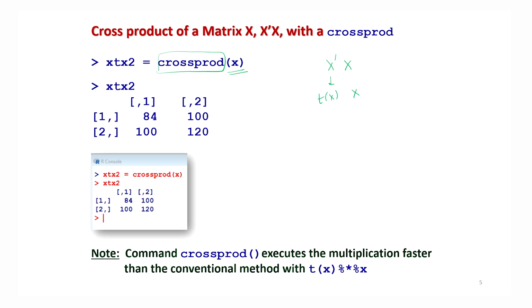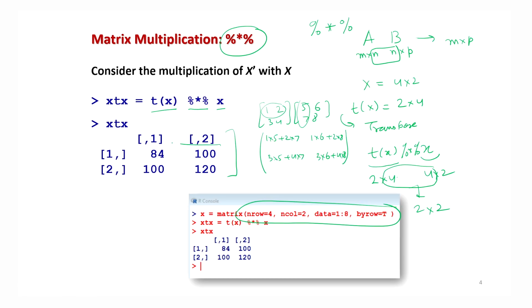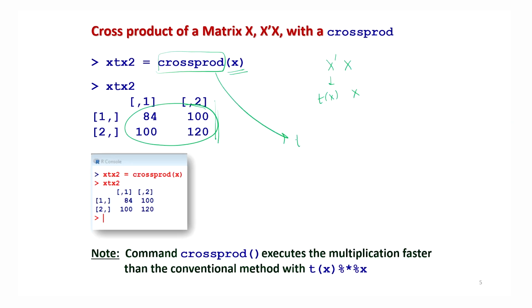So this will give you this outcome. You can see these numbers 8400, 100, 120. This is the same 8400, 100, 120, and this is the same operation. The same operation which you have done here, t(x) %*% x, is being obtained directly by this built-in function crossprod.